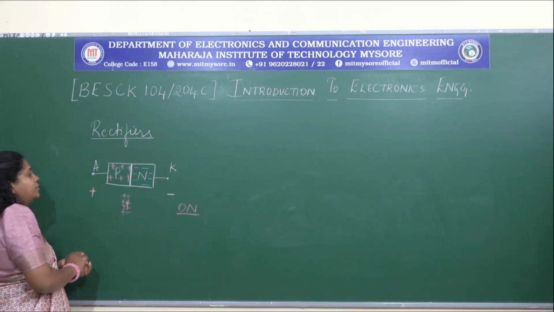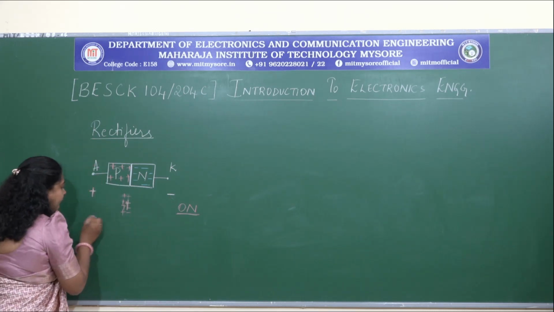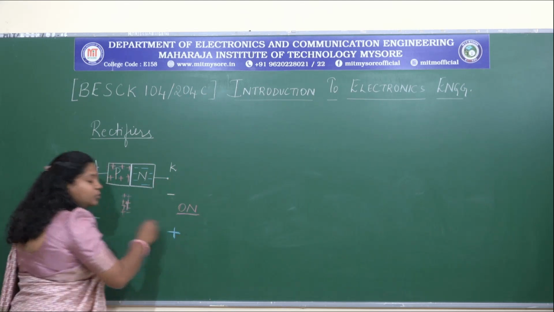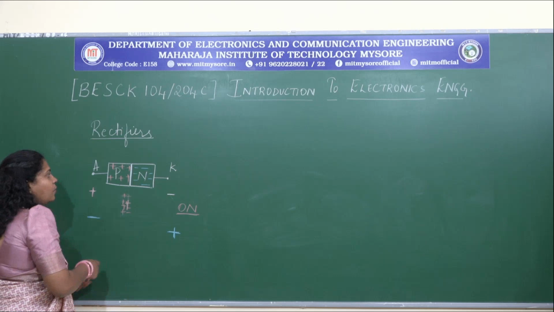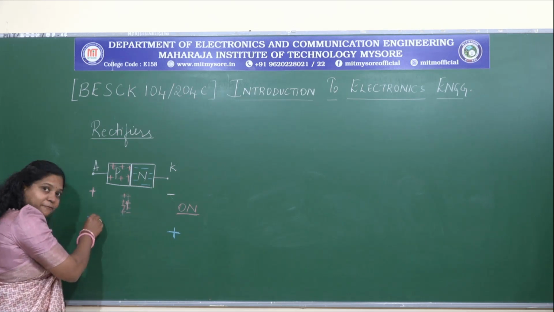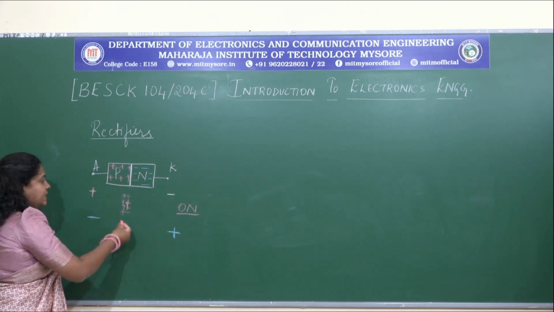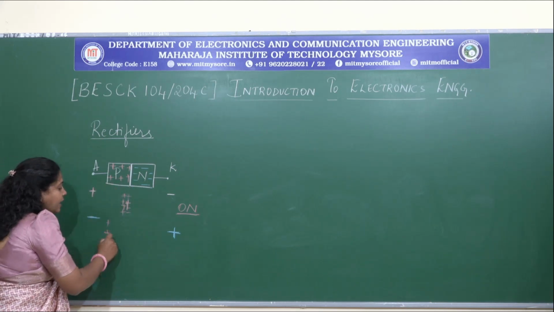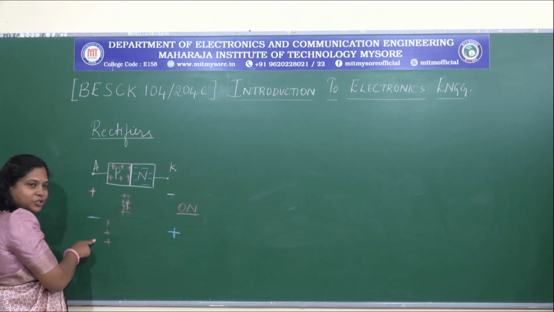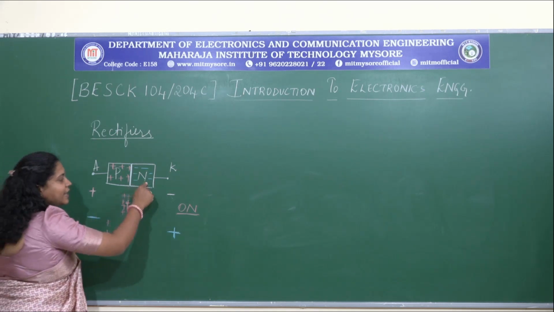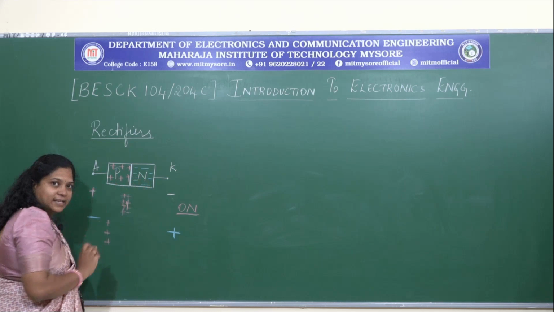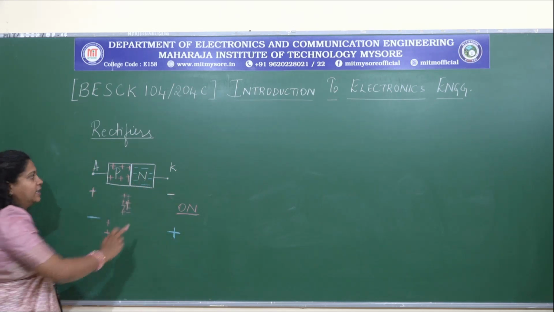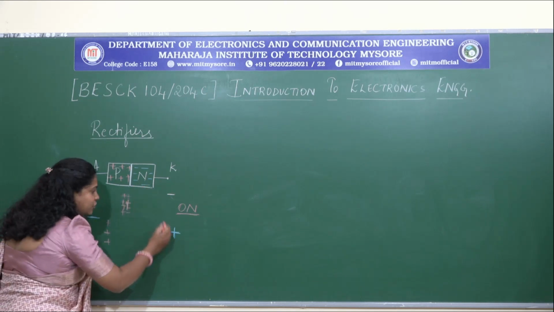Similarly, when we give the opposite potentials, with the anode connected to a negative potential and the cathode connected to a positive potential, what will happen? Holes are present near the negative potential, and they have a property of attraction, so the holes tend towards this negative potential. Similarly, negative electrons are present in the N region and we are applying a positive potential here, so there is a force of attraction.